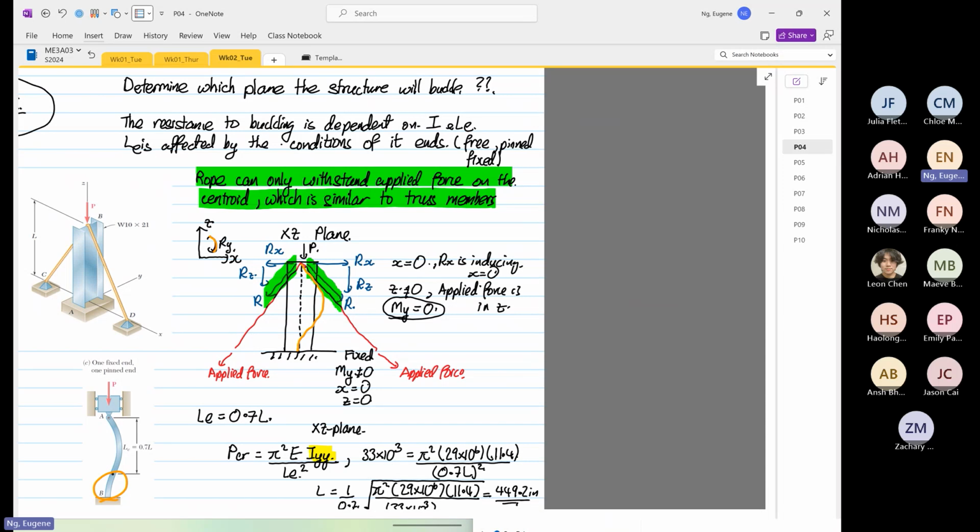YY. Are we clear? So you don't get lost, because in a test, I will test you on whether you know which second moment of area to use and can you identify the boundary conditions. Right. Next, we go for the next plane.